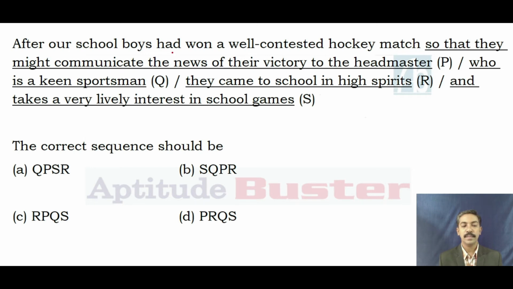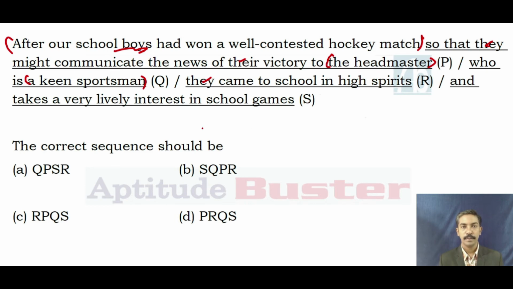In fact, in the non-underlined segment of this question, after our schoolboys had won a well-contested hockey match, schoolboys, the corresponding pronouns would be plural. They, their, they, everything. So, there's just only one segment which has a singular form. Is a keen sportsman, which should refer to the headmaster.